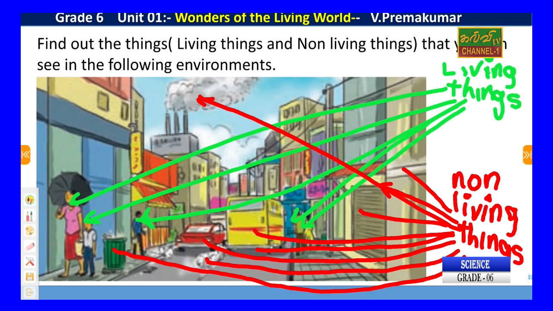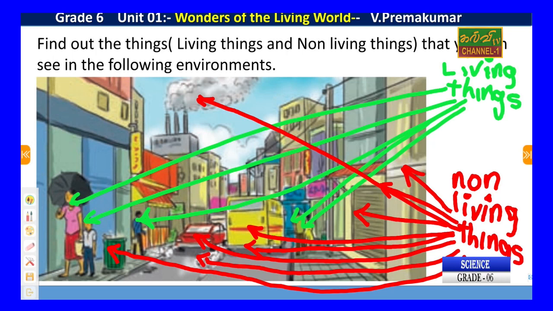This environment has different kinds of components. For example, building, road, vehicle, smoke, air, plastic, garbage and bins are non-living things. They don't respire, they don't grow, they don't take nutrition or eat food, and they don't move from place to place. You can understand those things.